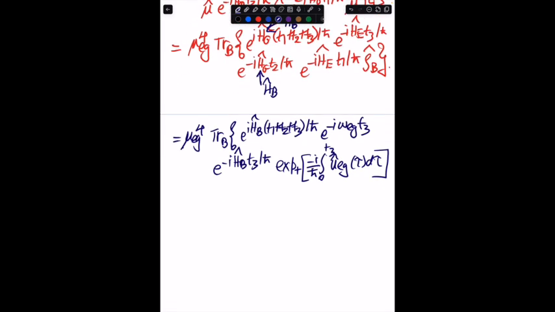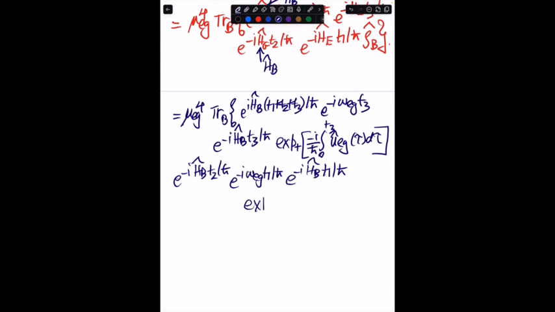Then you have the following term, e raised to power minus i H_p t2 upon h bar, and then lastly e raised to power minus i omega_eg t1 upon h bar, e raised to power minus i H_p t1 upon h bar, and positive time ordered exponential minus i upon h bar from 0 to t1 of U_eg(tau) d tau, bath equilibrium density operator, and then the trace over all the bath states.